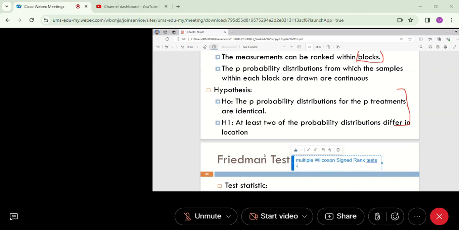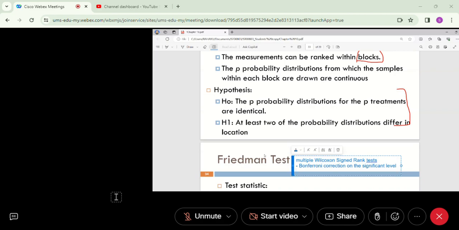Then you need to do Bonferroni correction on the alpha or the significance level.